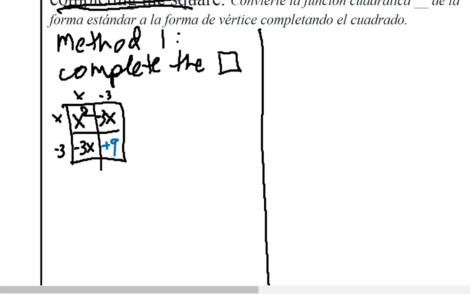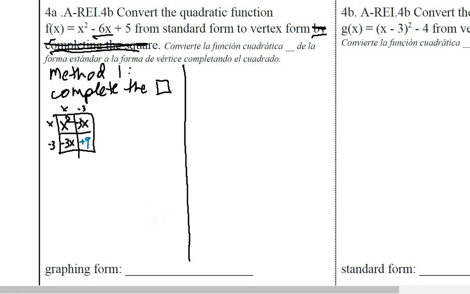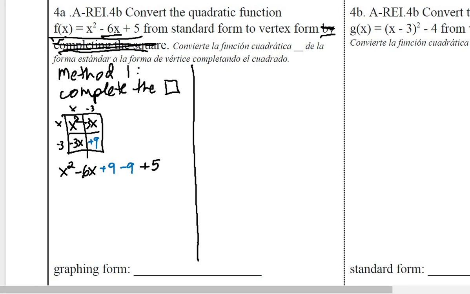So I have x squared minus 6x plus 9, but then I also have to subtract that 9 so that I don't change the value of my expression, plus 5 is what f of x equals. See, it's just like adding a 0 inside there.